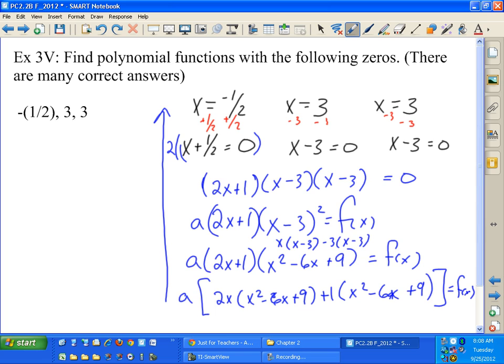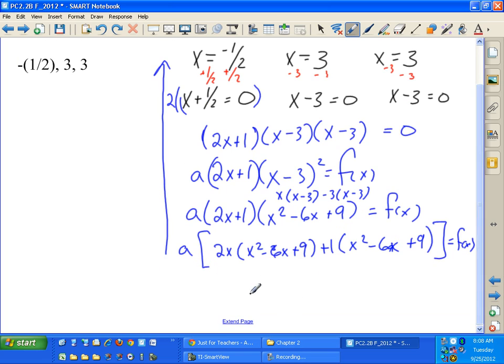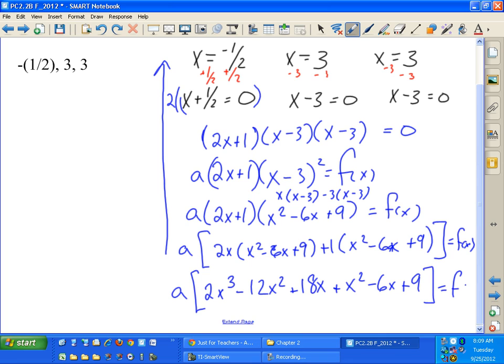I will continue on, and the original function that I would probably get would be something like this: 2x cubed minus 12x squared plus 18x, and then just repeat what I have there because I'm multiplying it by 1.